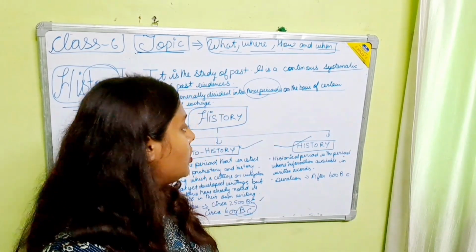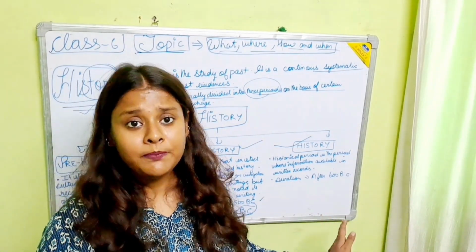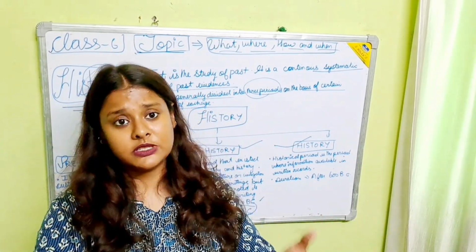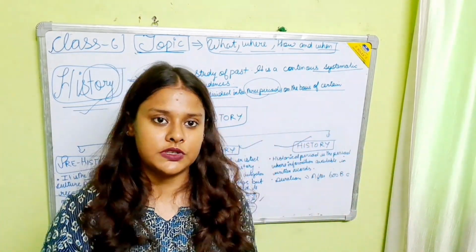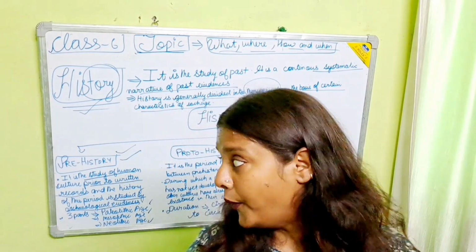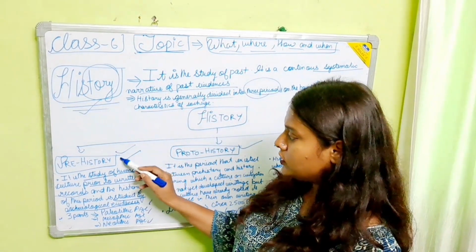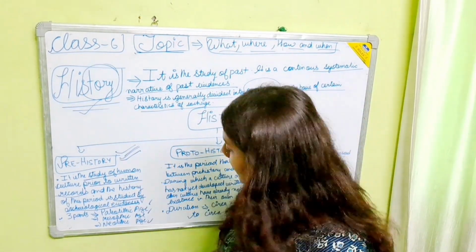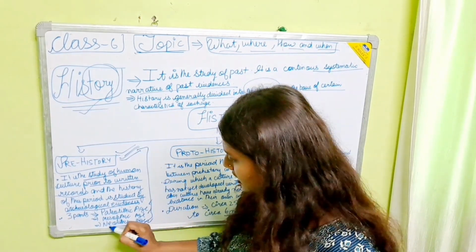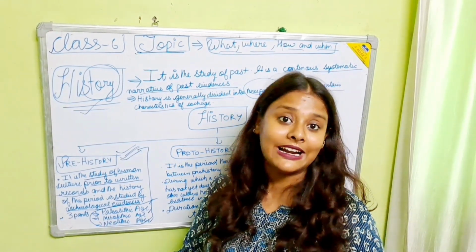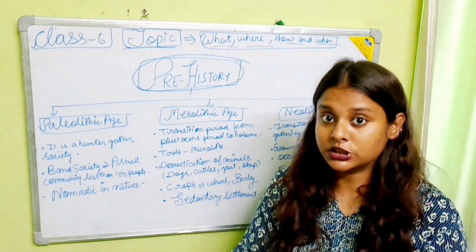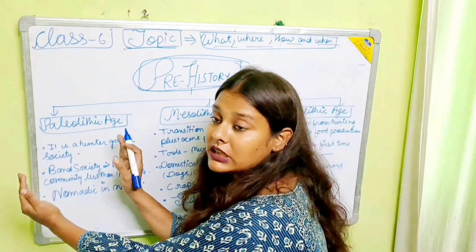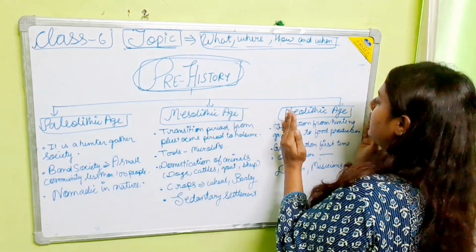But when we talk about history, it can also be studied through literary sources when the writings are present. Okay, writings means literary sources. I hope it is clear now. We are going to discuss this prehistory in more detail. Prehistory is divided into three ages, that is Paleolithic age, Mesolithic age and Neolithic age.